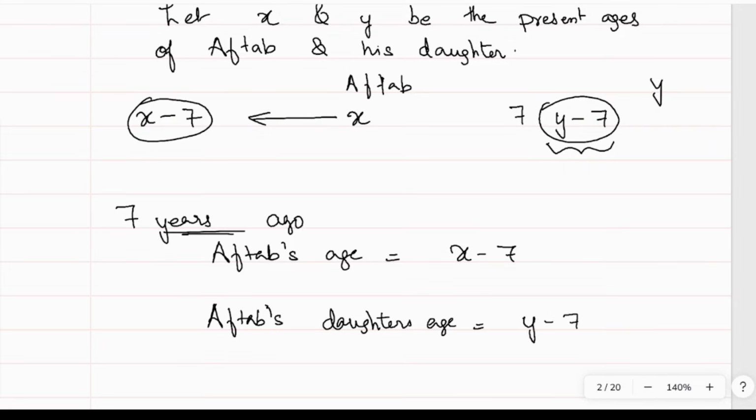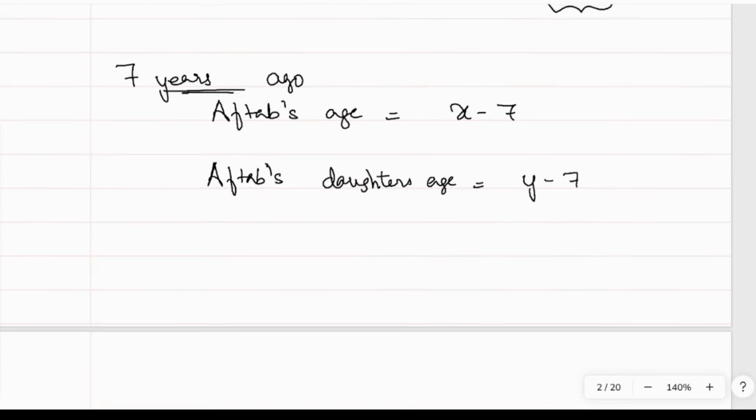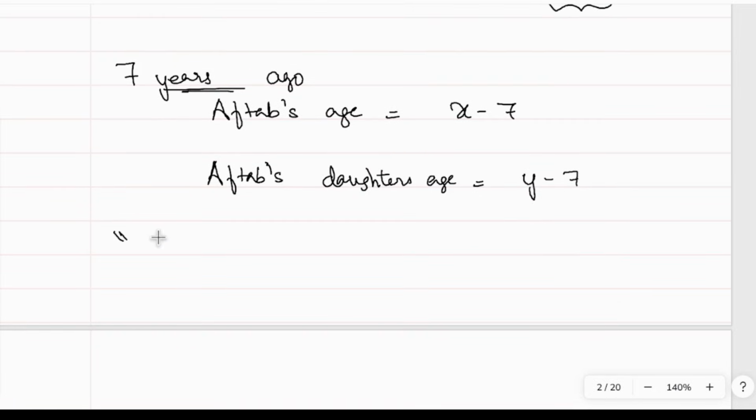And they are telling the condition that at that time he was 7 times older than the daughter, right?